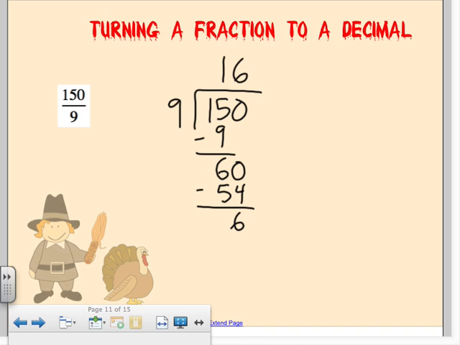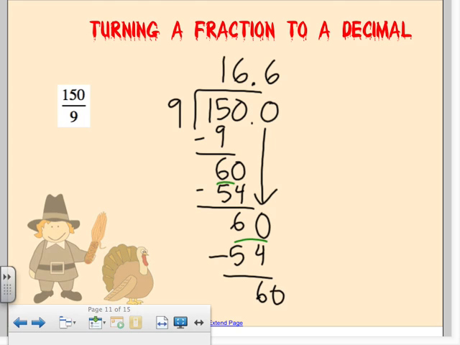But I'm not. I want a decimal, so I'm going to add a 0 and keep going. And notice, look, I got 60 again. So when I put the 6 up here, I know it's repeating, because no matter what, I'm going to keep getting 60 I'm going into. So my answer for 15/9ths is 1.6 repeating as a decimal.